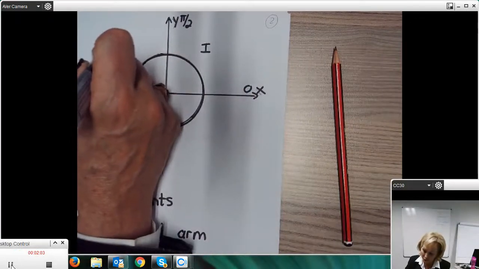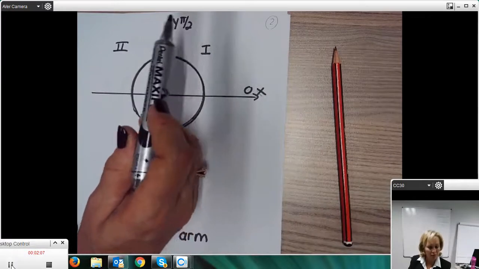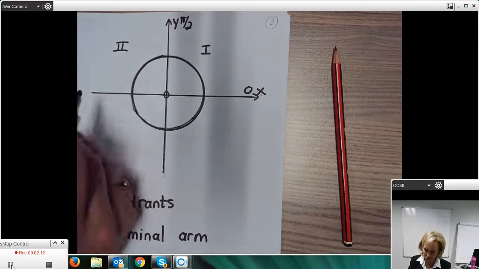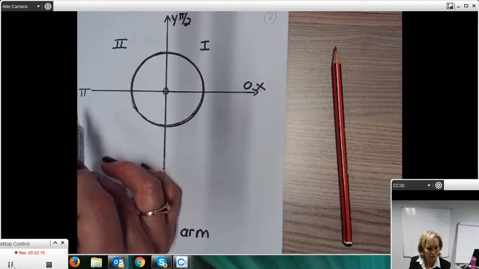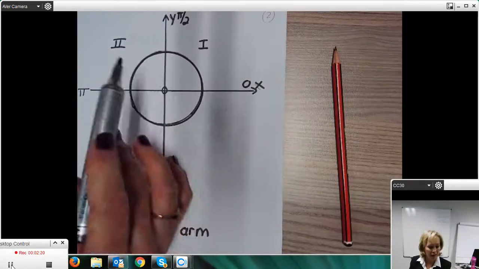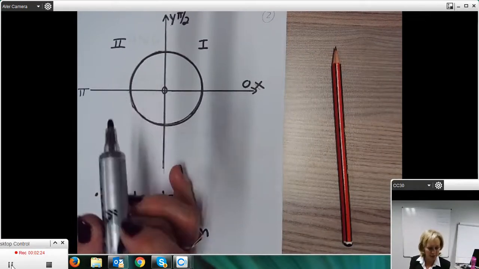If we move into quadrant 2, we are measuring angles between 90 degrees and 180 degrees, right? In other words, between pi by 2 radians and pi radians. So this is quadrant 2, and the angles which lie in quadrant 2, we refer to them as obtuse angles.